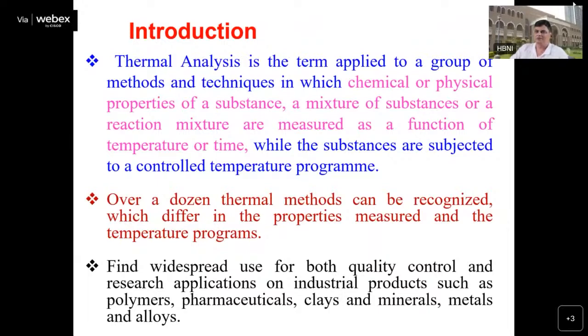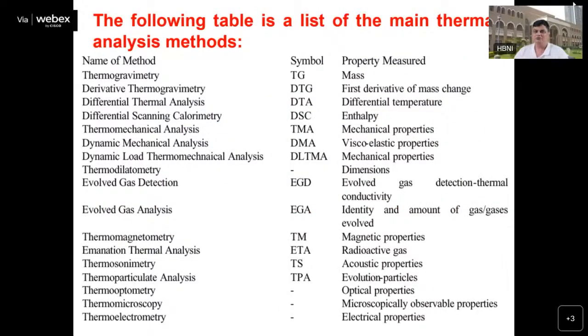Over a dozen thermal methods can be recognized, which differ in the property measured and in the temperature program. We'll see that in the next PowerPoint. These find widespread use for both quality control and research applications on industrial products such as polymers, pharmaceuticals, clays, minerals, metals, and alloys. Various techniques are there. For example, thermogravimetry, where we are looking at the mass.